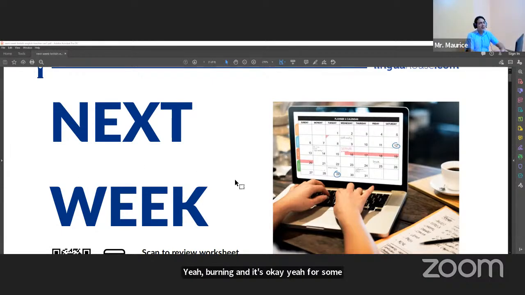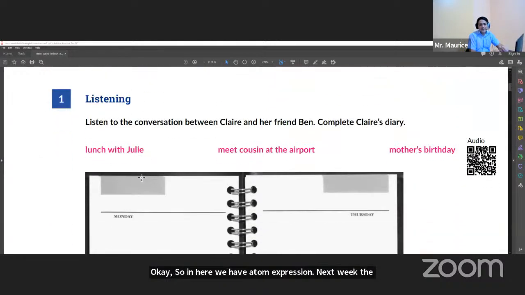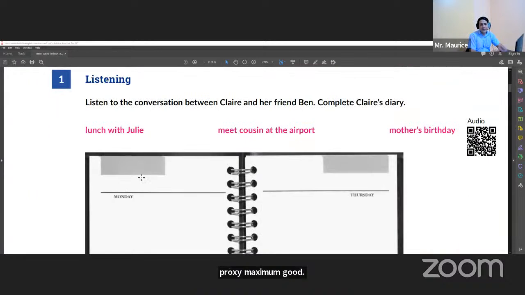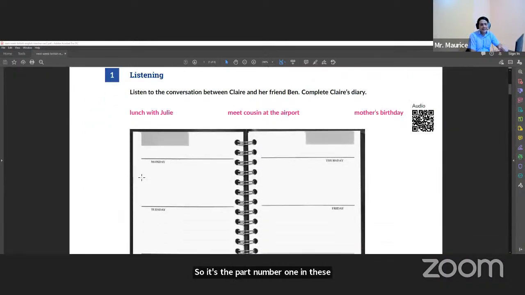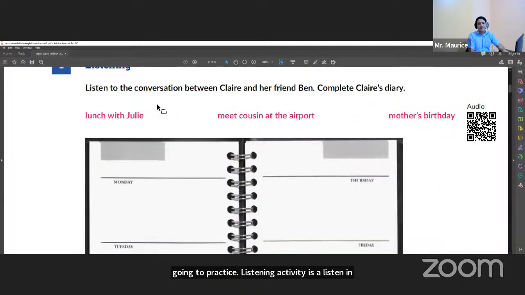Okay, so in here we have a time expression, next week, la próxima semana. Good. Okay, so in part number 1, in this activity, we are going to practice a listening activity about this structure, be going to. Look at this.